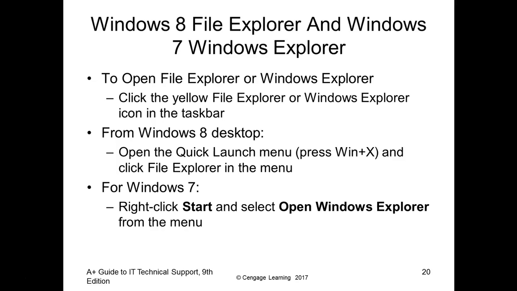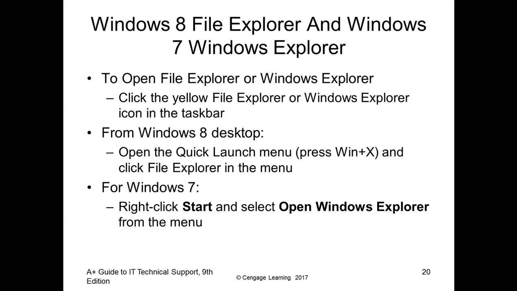Now there's a couple other options as well. You can actually go to Start, Run, and then type in Explorer, and that'll open it as well. Or you can press the Windows key and E on the keyboard at the same time, and that'll launch Windows Explorer as well. One thing to keep in mind though is that depending on how you open it does affect where your location is whenever that program opens.